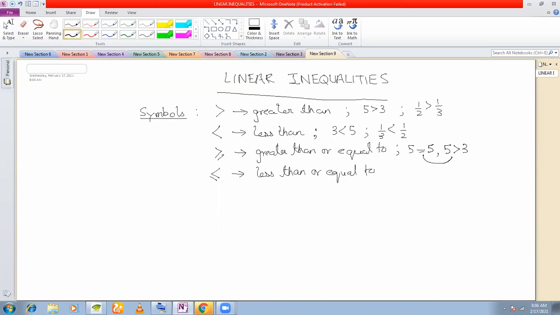So combining these two, you get greater than or equal to. Okay. We'll see what greater than or equal to is in detail. Less than or equal to, again, say we say 5 is equal to 5 and 3 is less than 5. So combining these two signs, you get less than or equal to. Combining these two, you get greater than or equal to.